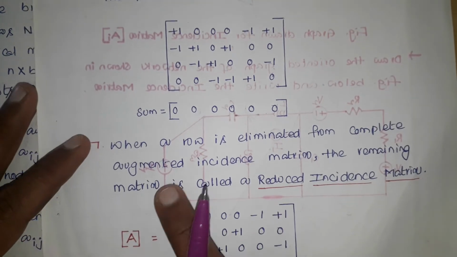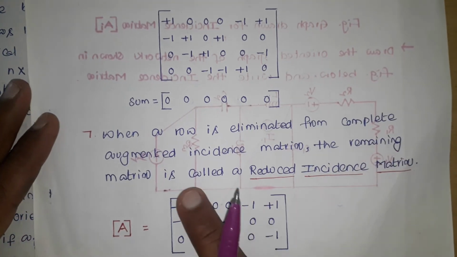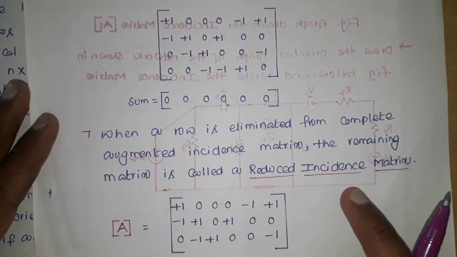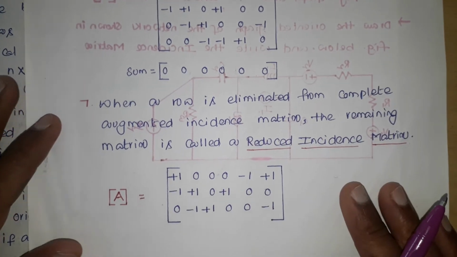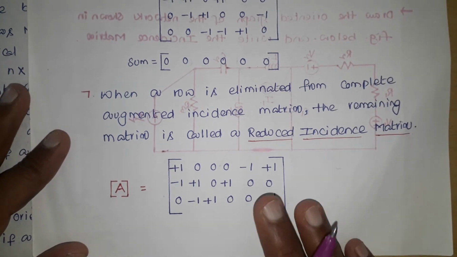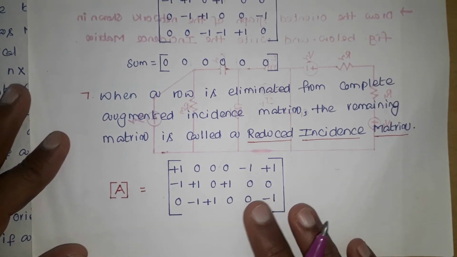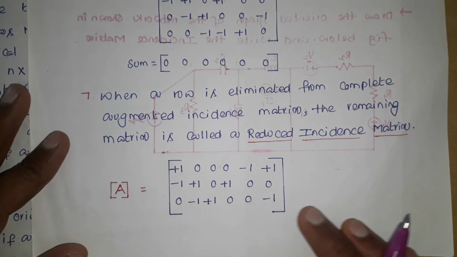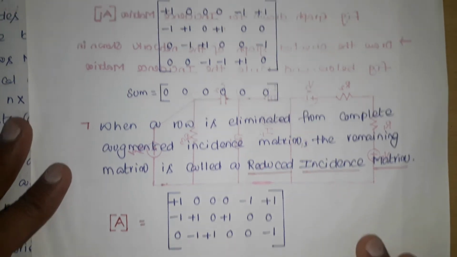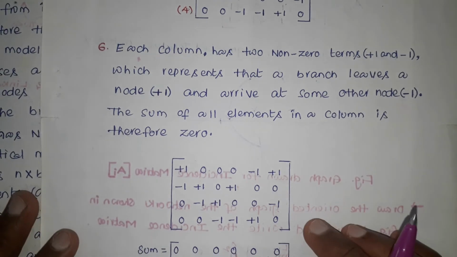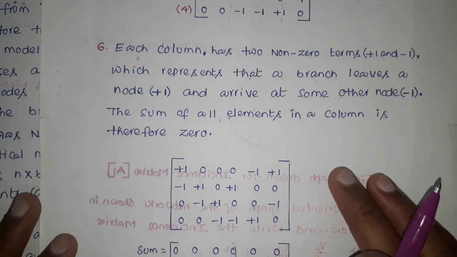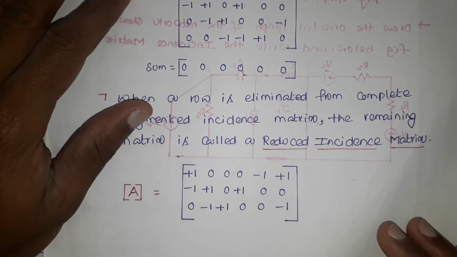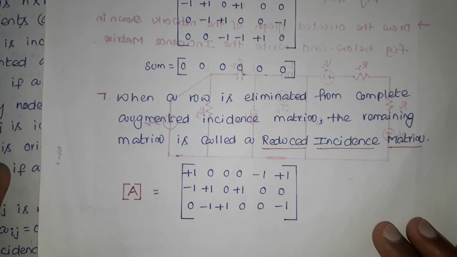When a row is eliminated from the complete augmented incidence matrix, the remaining matrix is called the reduced incidence matrix. So if the augmented incidence matrix is of order 4 by 6, the reduced incidence matrix is of order 3 by 6.